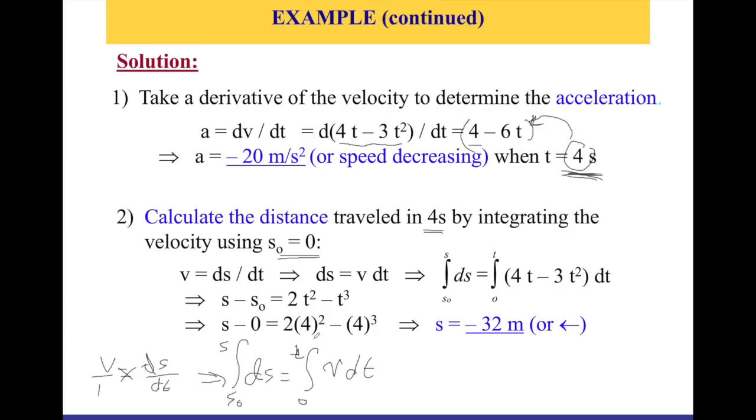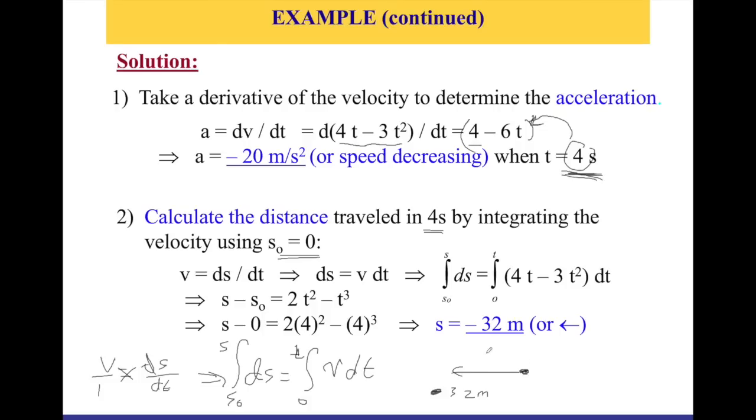So you substitute t here, and then you will get s equals minus 32 meters, which means that we moved, this is my reference, we moved to the left actually, minus 32 meters. Or you can say that we moved 32 meters to the left. We know that the position to the right was positive.